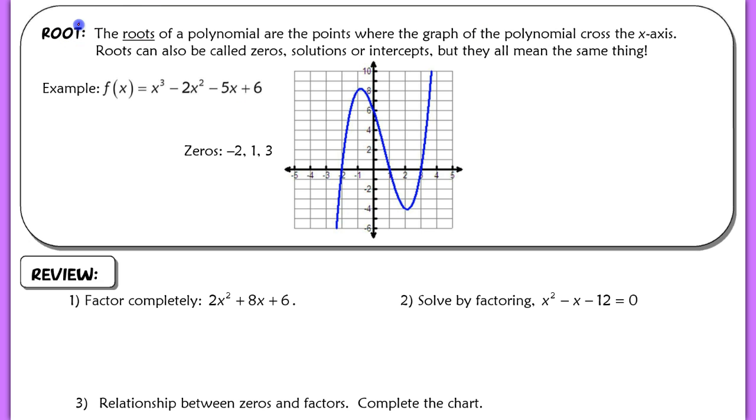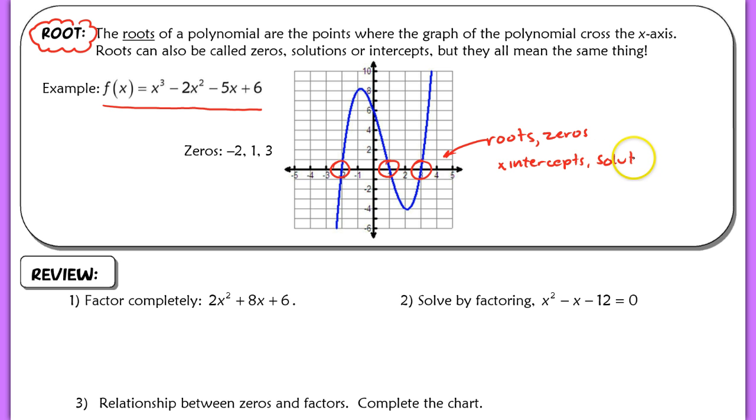Alright, so let's define what a root is. Now to the right I have a graph of this polynomial function here. So see how the polynomial function crosses the x-axis at 3 different points? Those are called the roots, or the zeros, of the polynomial function. Now we've been calling them so far in this course x-intercepts, or solutions to the equation.